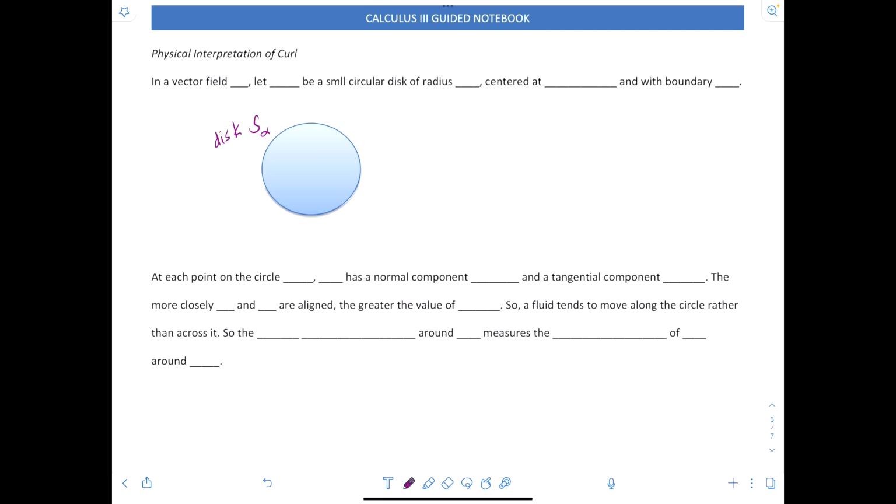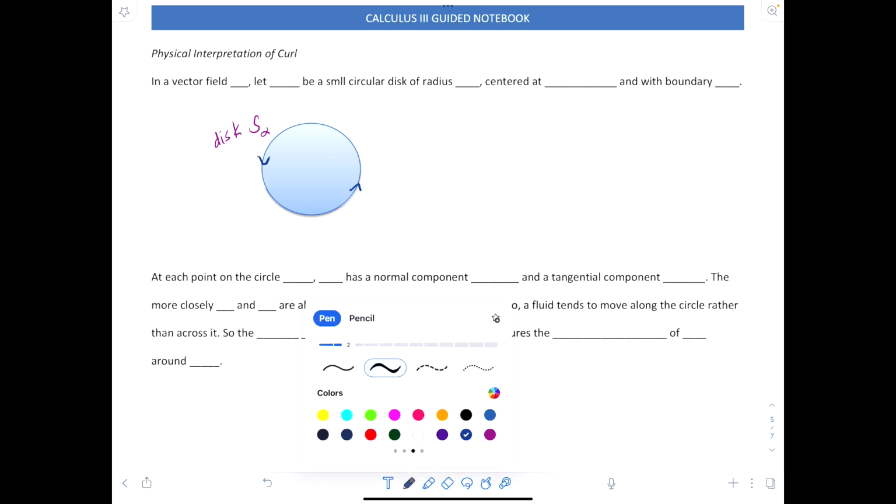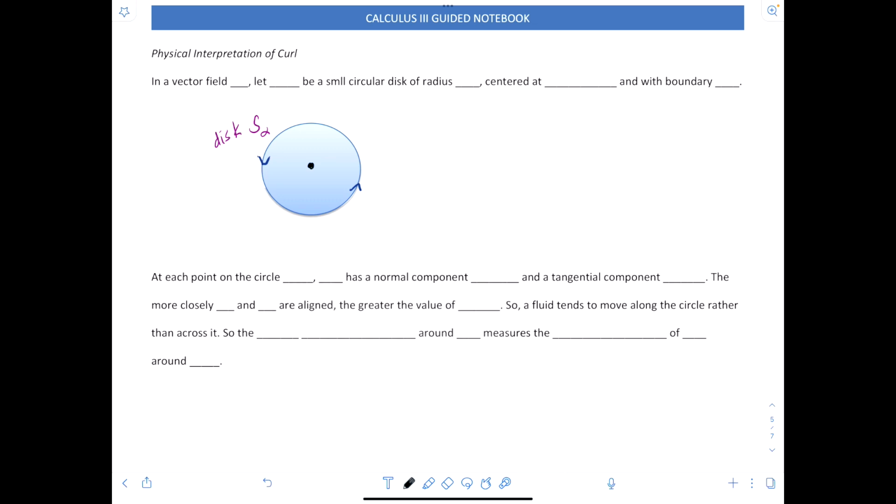And then this disc is oriented in a positive direction, and it has a center at x, y, z, and it has a radius of alpha. Good so far?